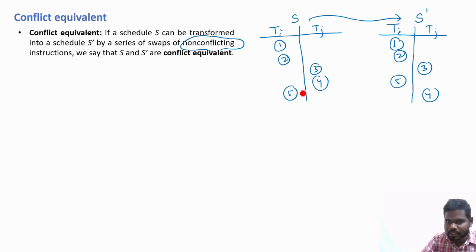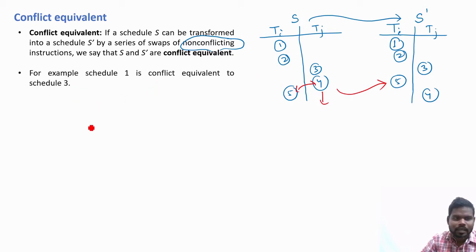If we can swap instruction number 4 and 5, then 4 will come after 5. If these two instructions are non-conflicting, then you can swap them and get schedule S dash from S. Then we can say the schedules S and S dash are conflict equivalent.